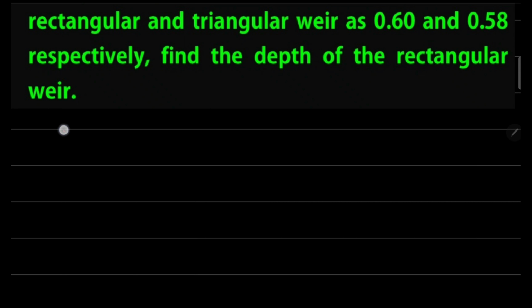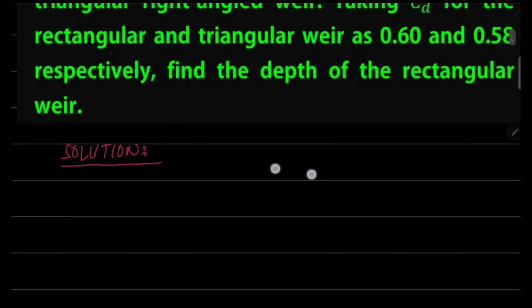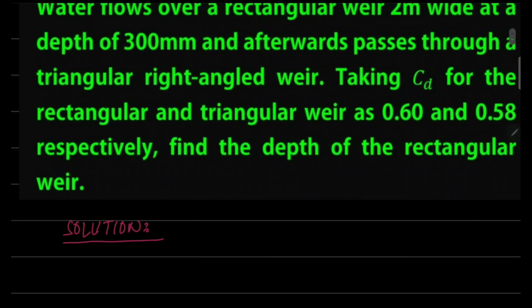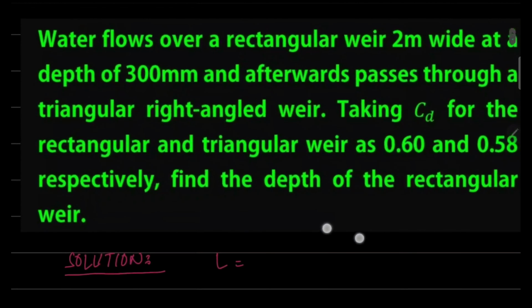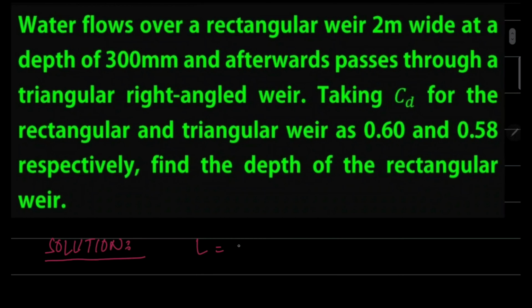For the solution, the values are given as L equal to 2 meter wide, and height 300 mm, that is 0.3 meter, and the CD value for the rectangular notch is given as 0.60.